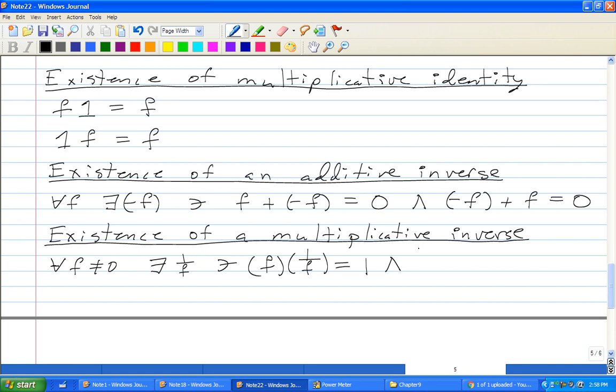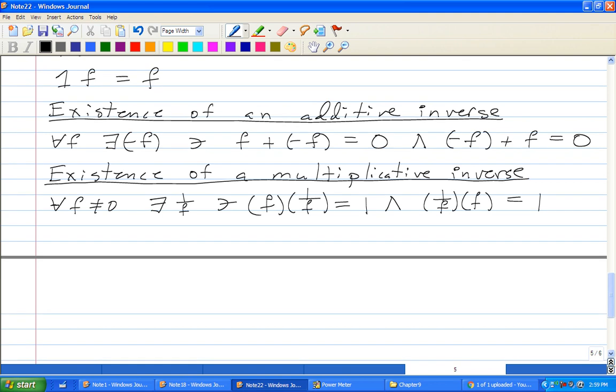And so this is a right multiplicative inverse. Similarly, it's a left multiplicative inverse. And so if you multiply the multiplicative inverse times the original function, you get the multiplicative identity.